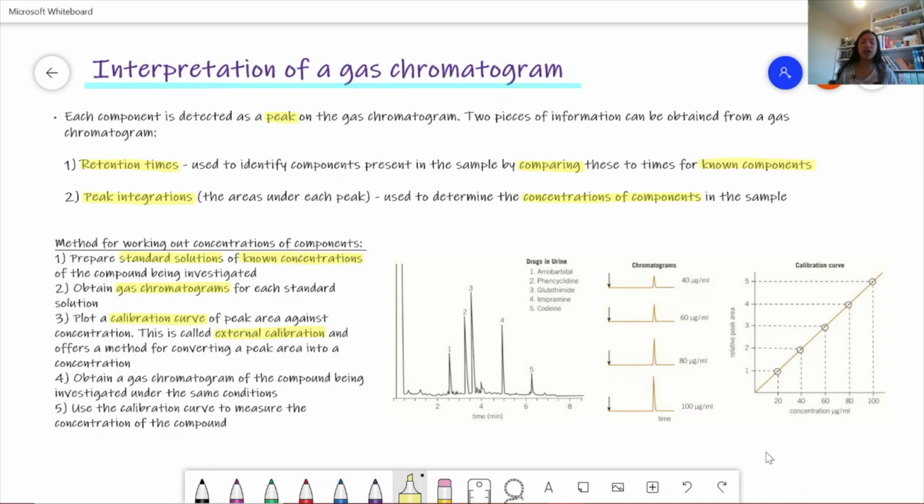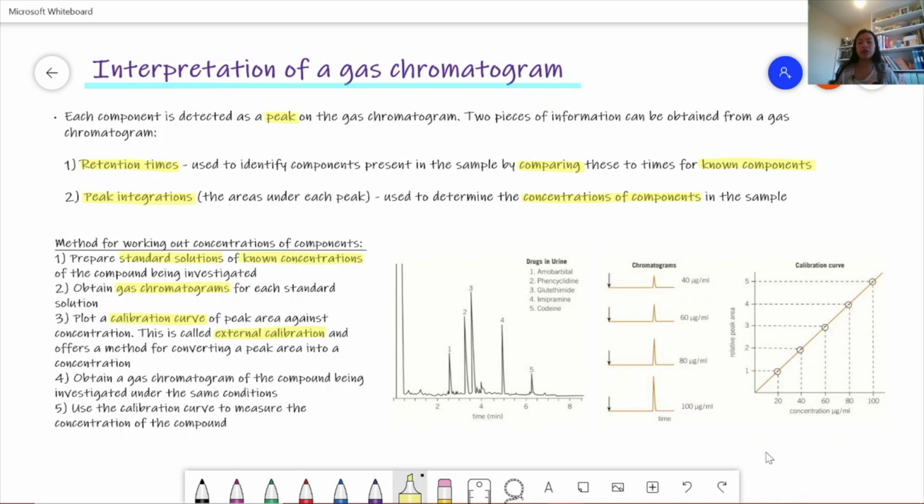And so if we look at the diagram on the right, we've run gas chromatograms for each of the standard solutions. So in this example, we have 4 of them, and then we plot a calibration curve, which is the relative peak area over the concentration. And so we can use this to convert a peak area into a concentration.